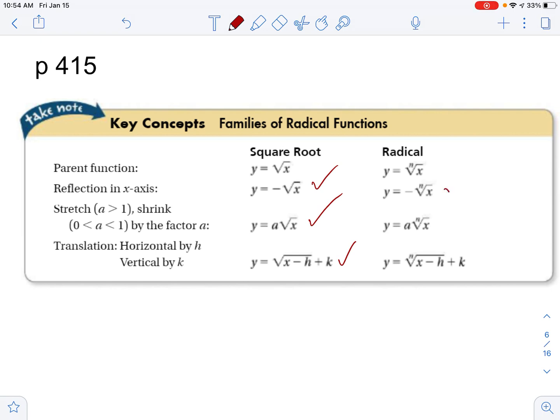So we have reflection with an nth root. We have a dilation with an nth root. We have translations with nth roots. And they're going to do the exact same thing. Okay, they're going to have the same purposes. It's just going to be different because the original graph shape is different.